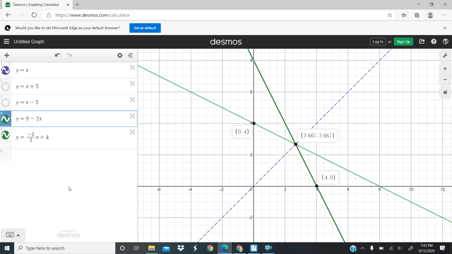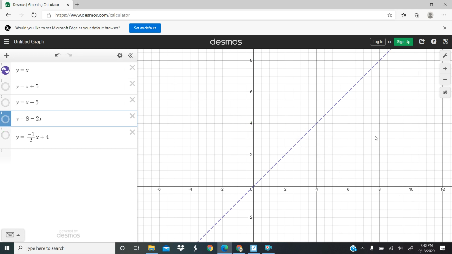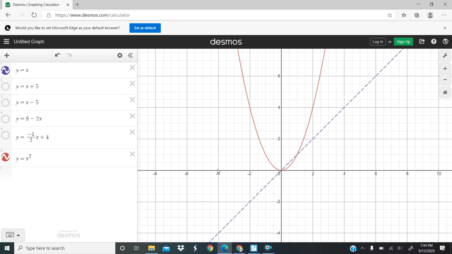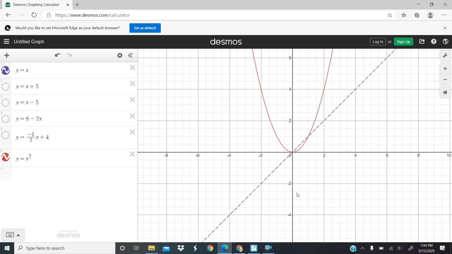And then I also just want to show you guys one that looks a little bit cooler. So I'm going to graph y equals x squared. That just gives you a parabola. And for it to have its inverse, like we were talking about earlier, you would have to take the square root of x squared.